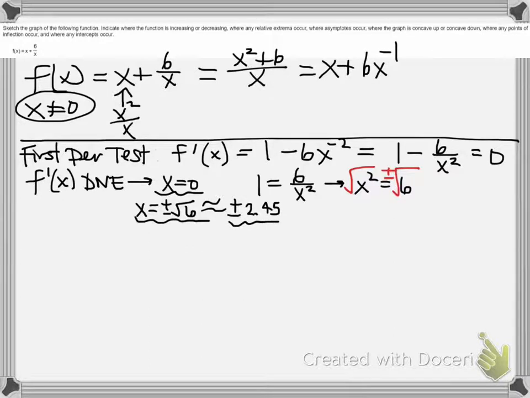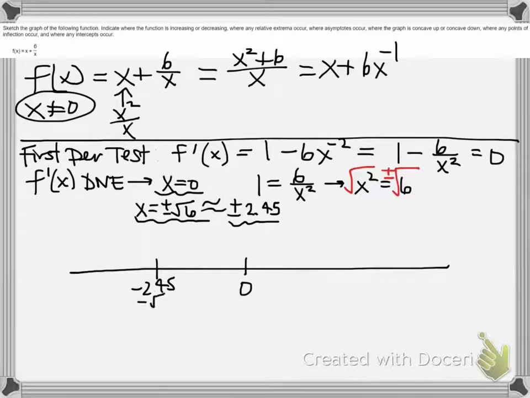Okay, so now we're going to create our little line graph. And we've got 0, we've got, I'm going to call it negative 2.45, standing in for negative square root of 6, and positive 2.45, standing in for positive square root of 6. All right, so we're going to evaluate the first derivative at values in these different intervals and see what's going on with our graph.